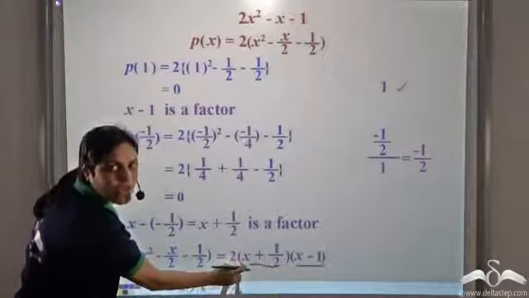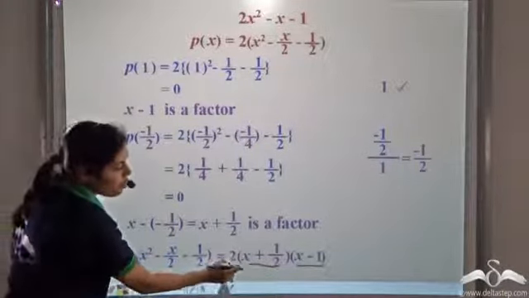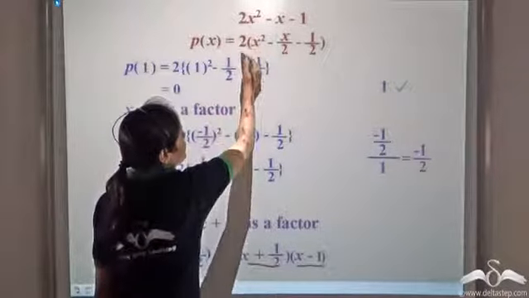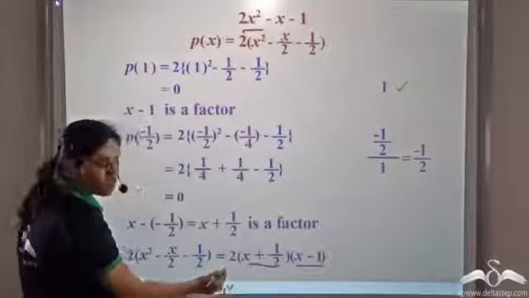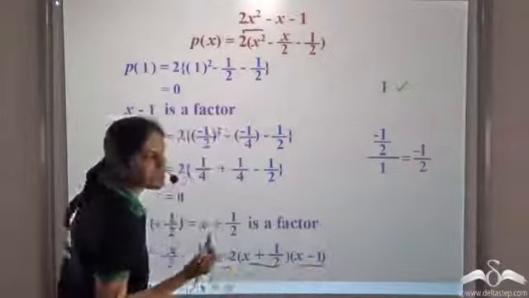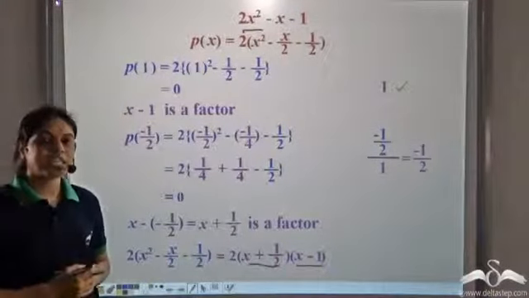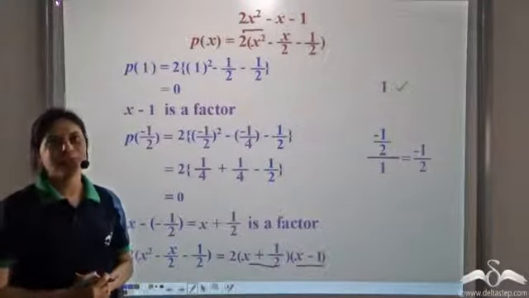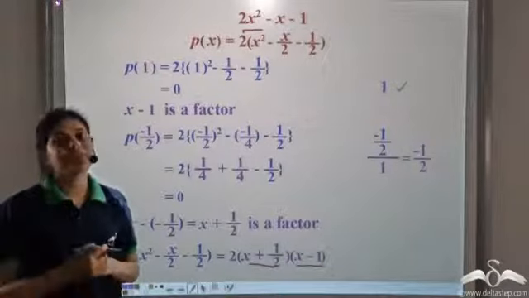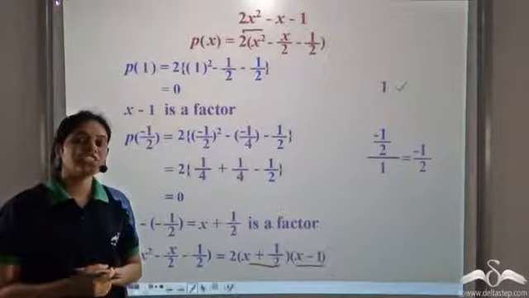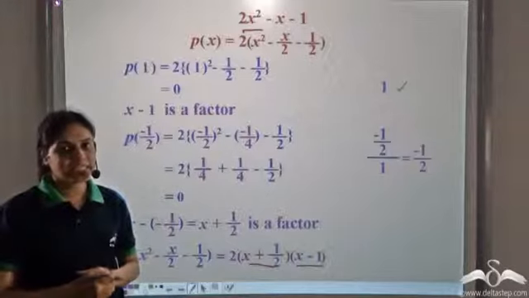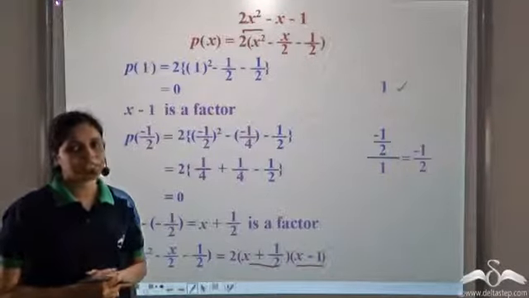So don't forget to write this 2 up front. So we have factorized this expression P(x) as 2 into (x plus half) into (x minus 1). We have factorized it using the factor theorem, using the hit and trial method, and finding the second factor intelligently using the identity for (x minus a) into (x minus b).